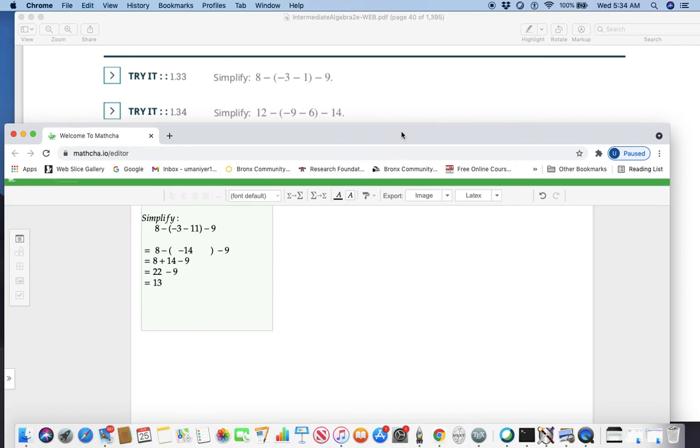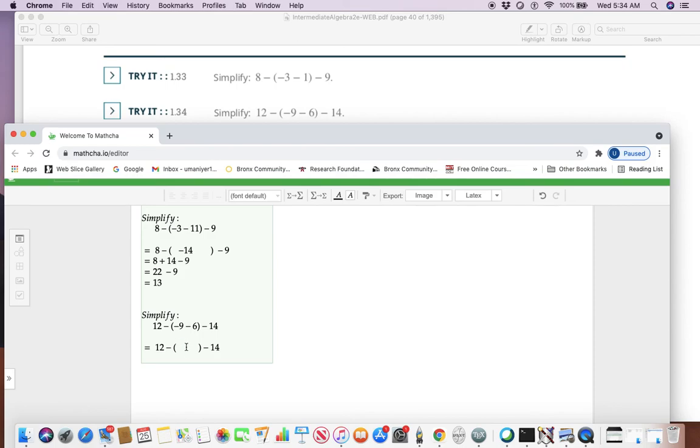All right. Next, let's simplify one more. 12 minus negative 9 minus 6 minus 14. So what are we going to say? We are going to simplify parentheses first. Leave everything else as it is. Now, negative 9 minus 6.